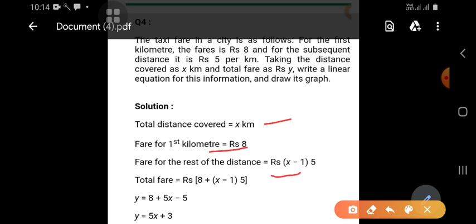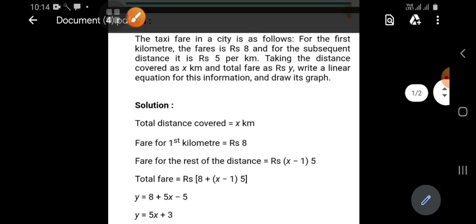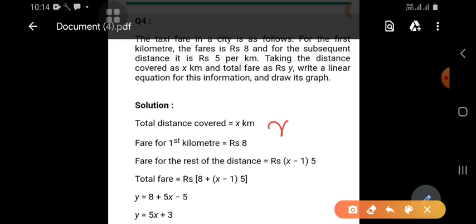As in the previous example, if the total distance is 3 kilometers, then the remaining is 3 minus 1, that is 2 kilometers, which we already found. So x minus 1 is the remaining distance.